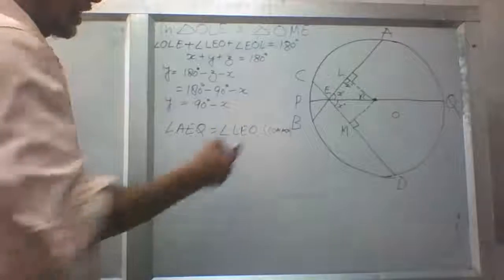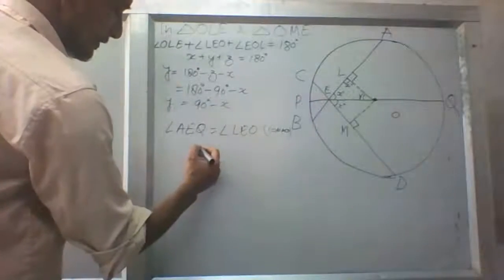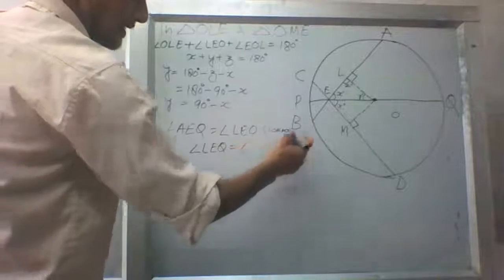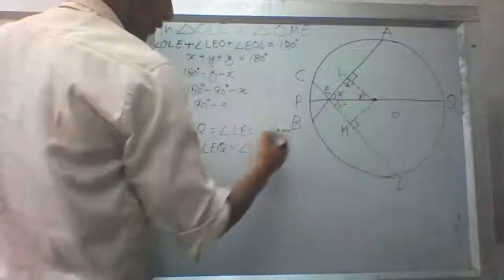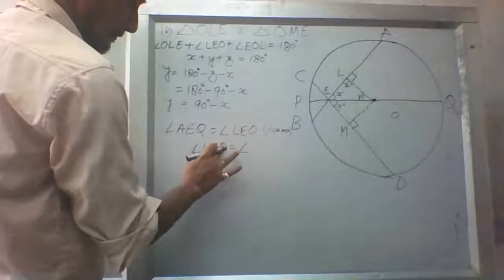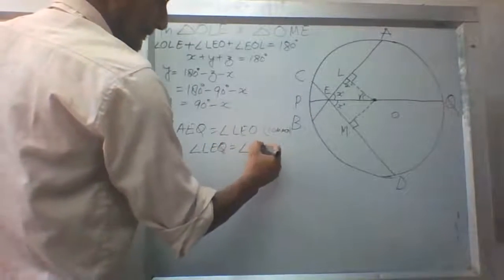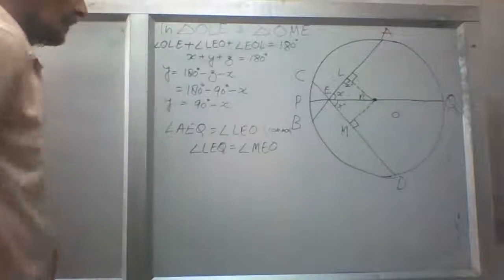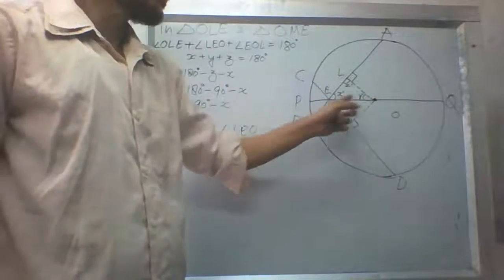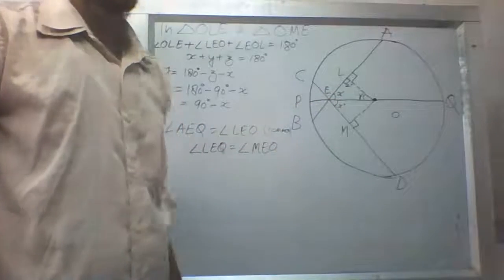Angle LEQ is equal to angle MEO. They both are same because the diameter is bisecting both these angles.